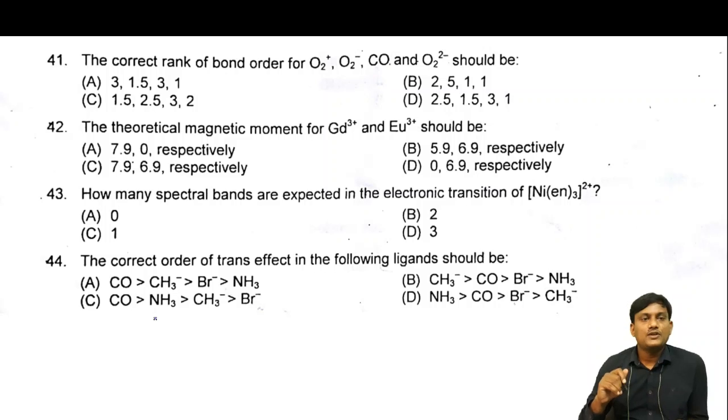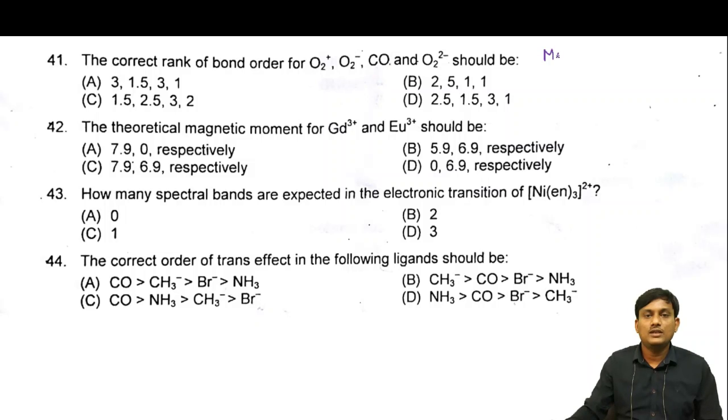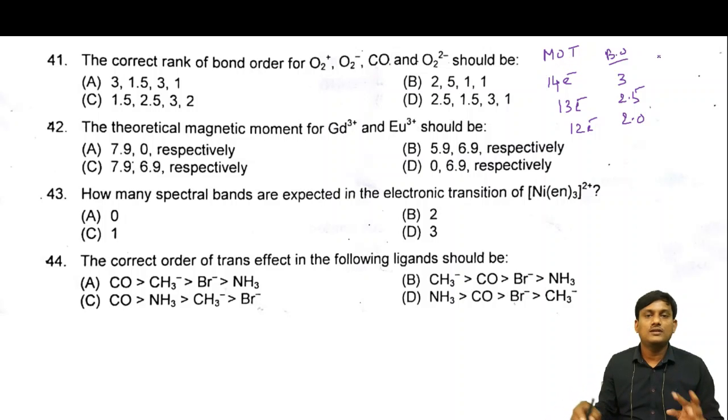The correct rank of bond order for O2+, O2-, CO and O2 2-. We know that from molecular orbital theory, suppose if the diatomic molecule has 14 electrons, the bond order will be 3. 13 electrons, the bond order will be 2.5, and 12 electrons, it will be 2.0, and 15 electrons, it will be 2.5, 16 electrons, it will be 2.0.